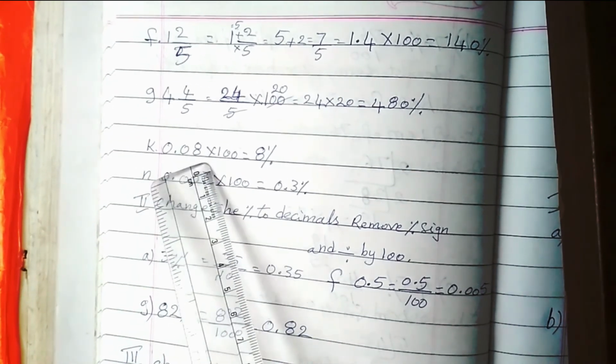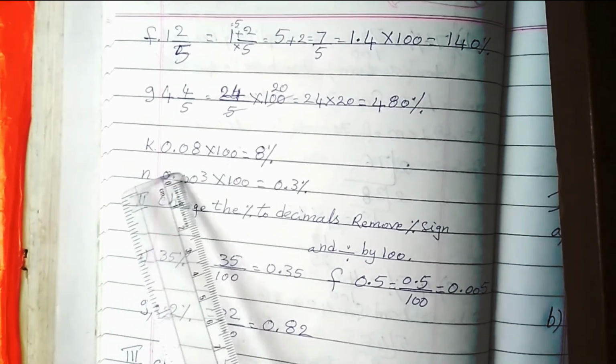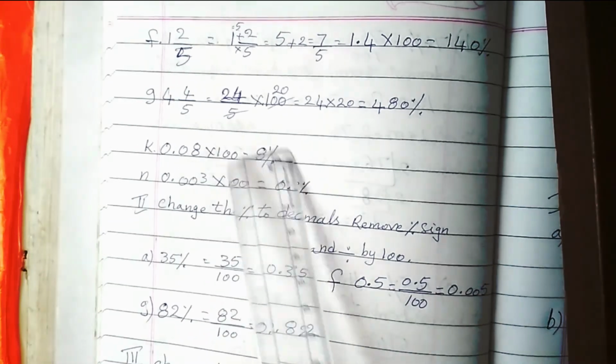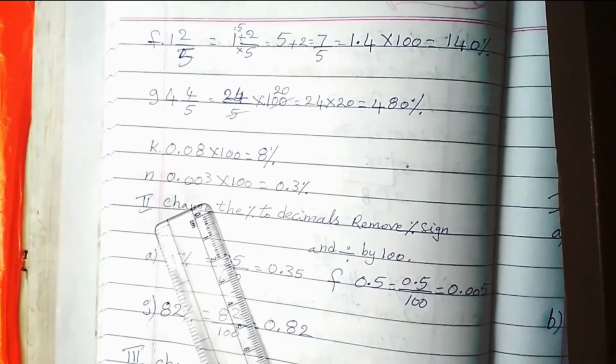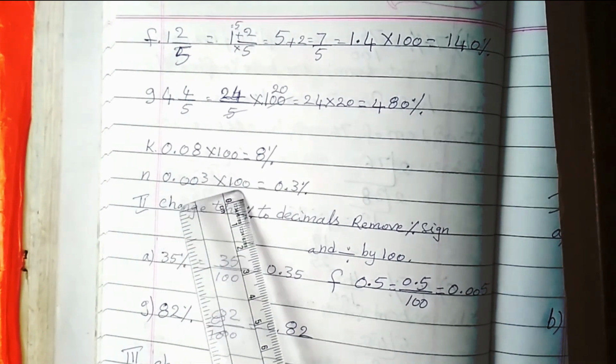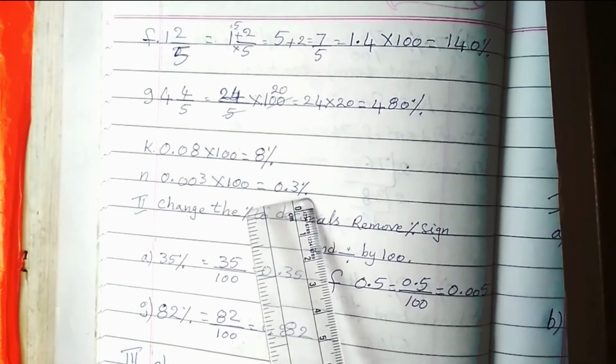Now see K. 0.08 is your question. So we have to multiply by 100. So the answer comes as 8. Add the percentage sign. So 8% is the answer. N: 0.003. Multiply by 100. So the answer is 0.3.